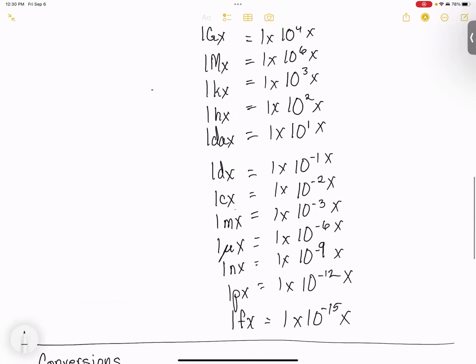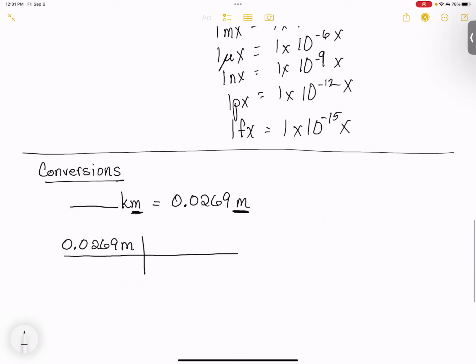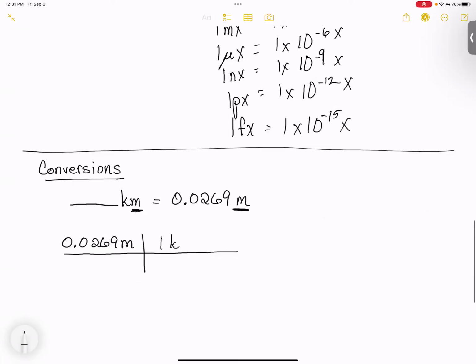The conversion factor is this one. 1 kilometer or 1 kilo is 1 times 10 to the 3. In this case, we're talking meters. Why do I know it's meters? Because that is what these two things have in common. According to the prefix thing, 1 prefix unit is equal to 1 times 10 to the 3rd of that unit in this case.